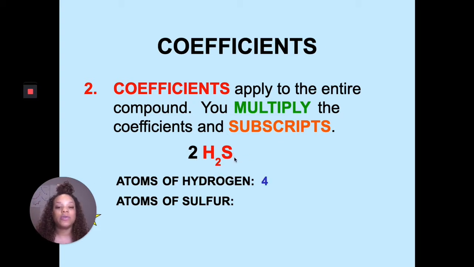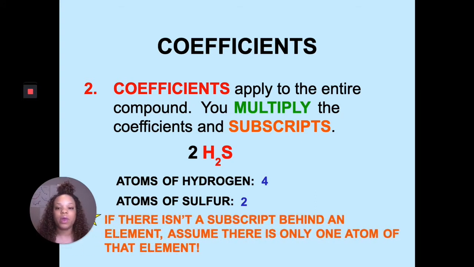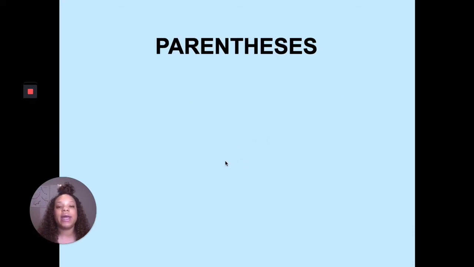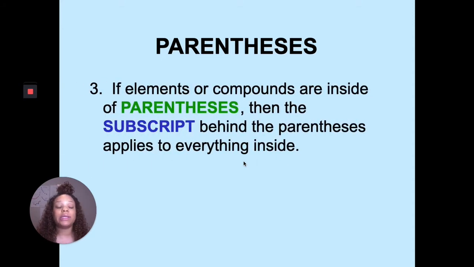We have sulfur, we had 1, we went back to our big number and multiplied times 2, which means we have 2 sulfurs. So pretty straightforward. If there isn't a subscript behind an element, assume that there is only 1 atom of that element, again, because ones are invisible.